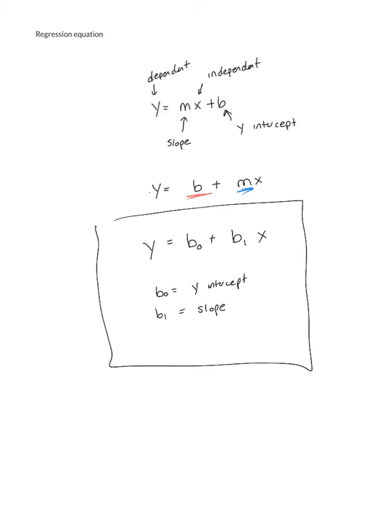And so rather than write this as y, I'm going to write it as y hat. I put a hat on it because this is the predicted y value based on a given x. So this right here is my regression equation as long as I'm dealing with simple linear regression. Let's go ahead and look at an example using it.